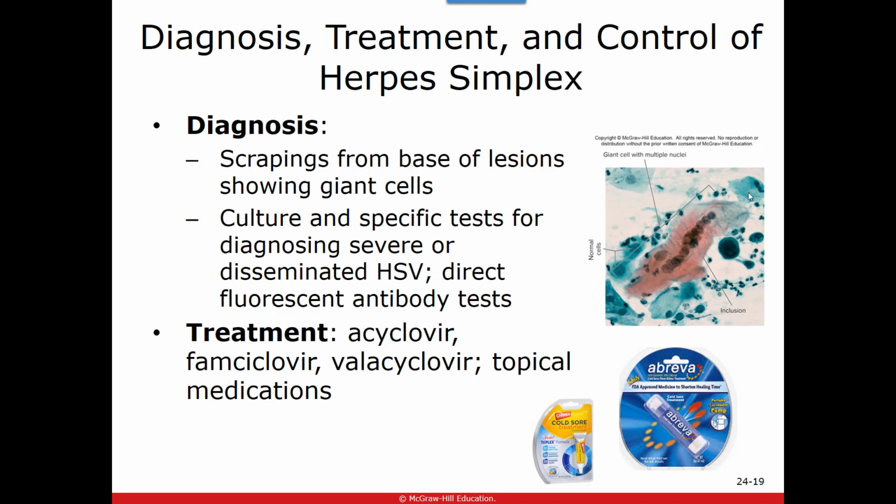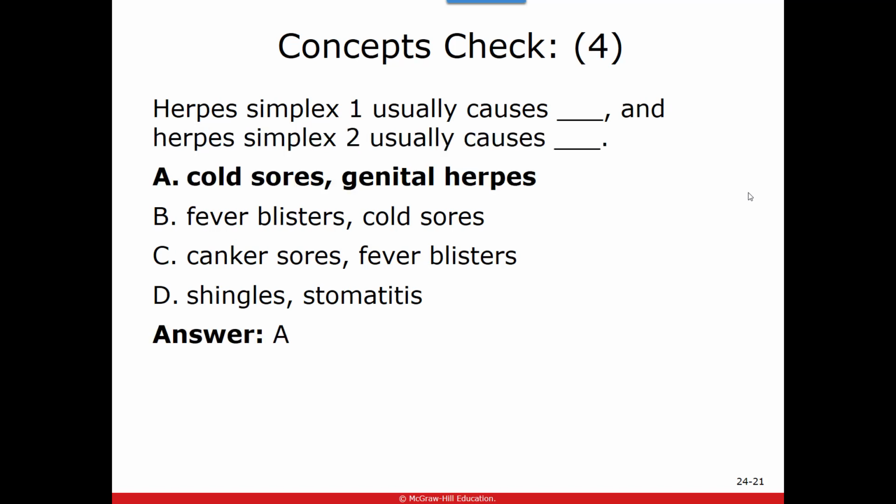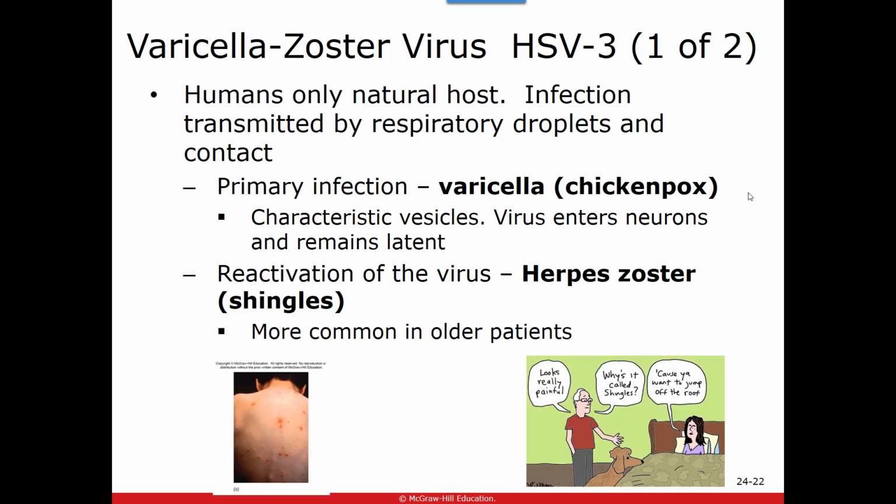So they're just there to make those lesions go away, but the virus doesn't go away. Now, herpes simplex 1 usually causes cold sores, and herpes simplex 2 usually causes more of the genital herpes.